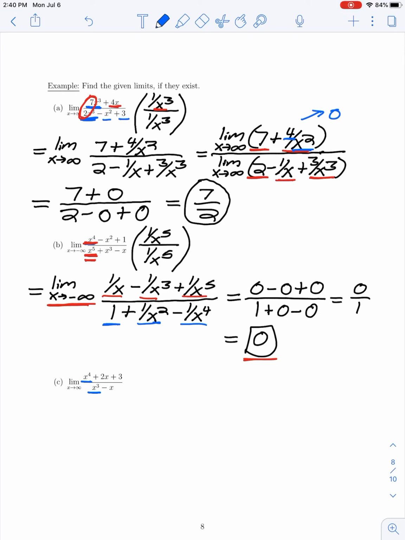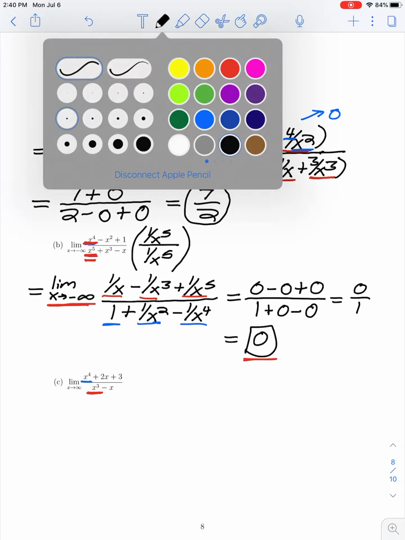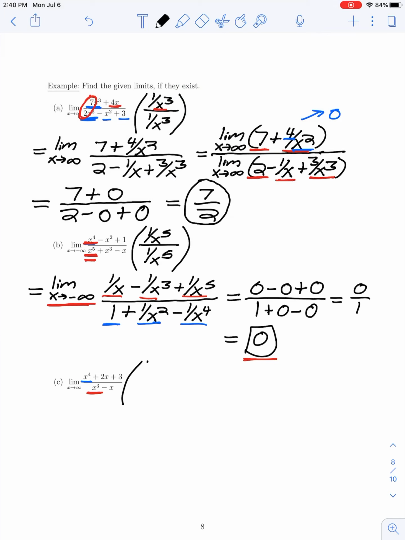So it doesn't fall into the categories that we saw in parts A or B, but we can use the same general approach that we did in parts A and B, where we identify the highest power of x in our denominator, which was x cubed, and we're going to divide the numerator and denominator by that highest power.